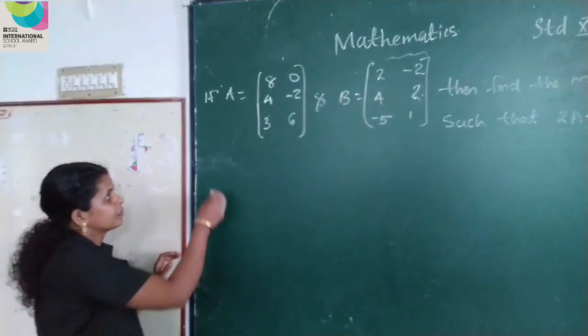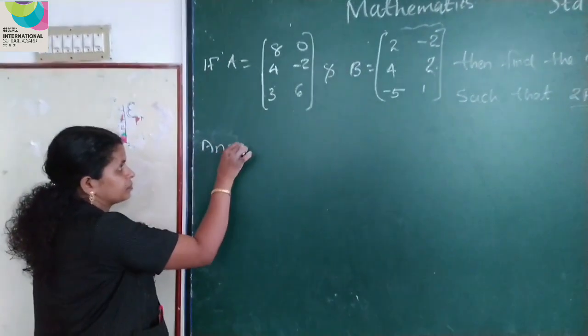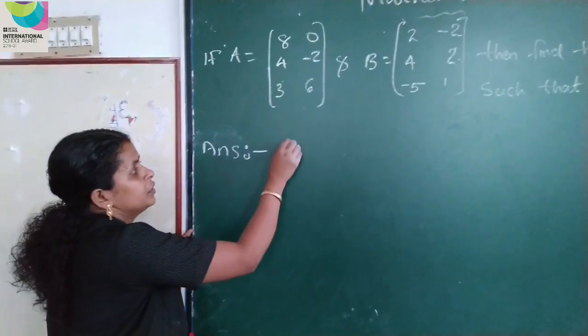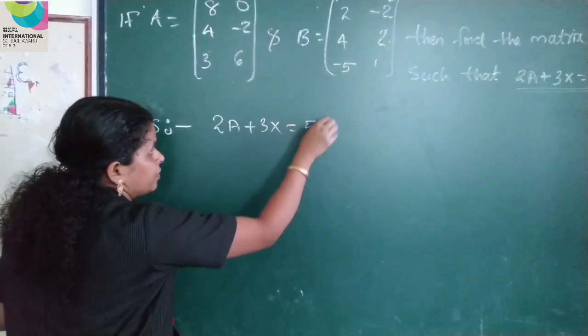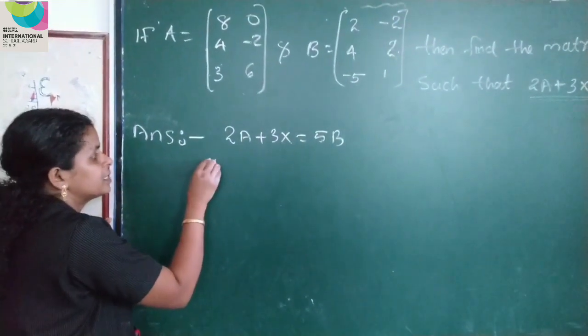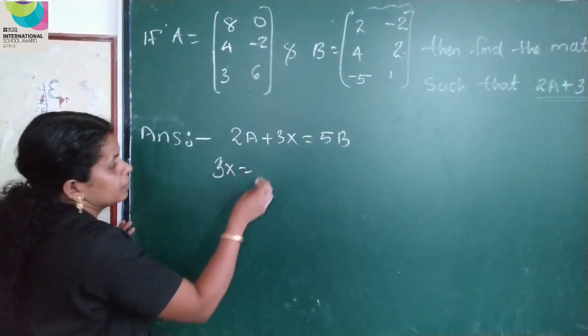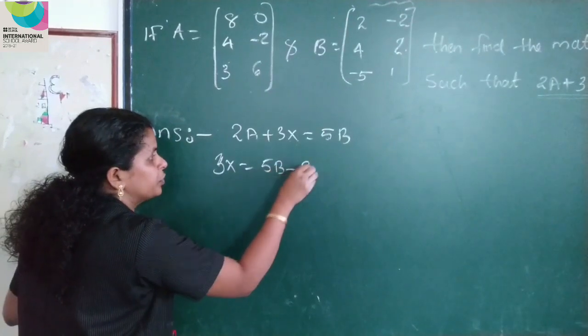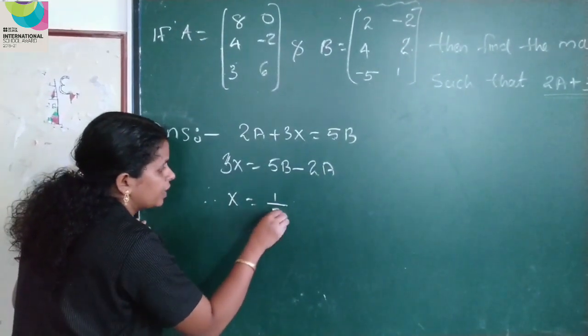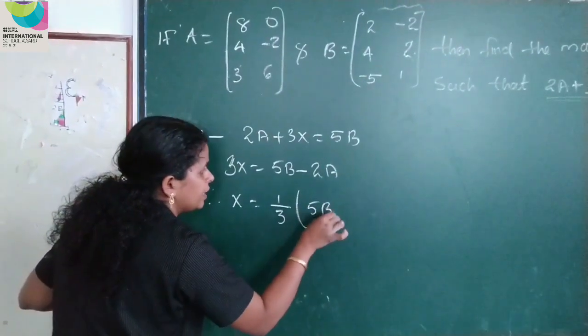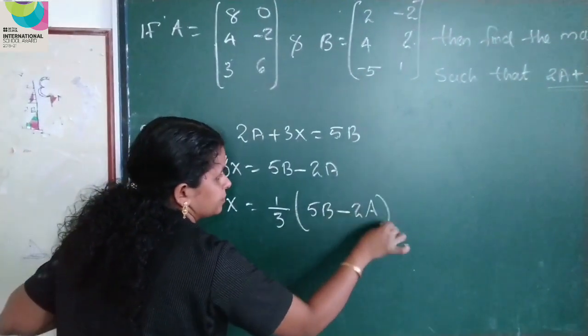Answer: here 2A plus 3X equal to 5B. From this, 3X equal to 5B minus 2A. Therefore, X is equal to 1 by 3 of (5B minus 2A).